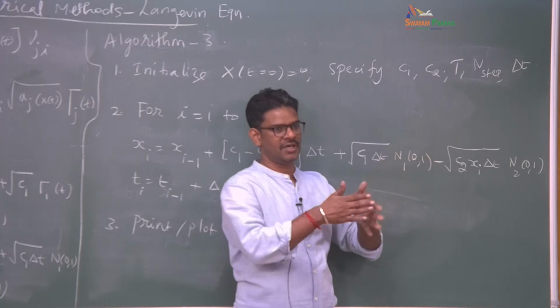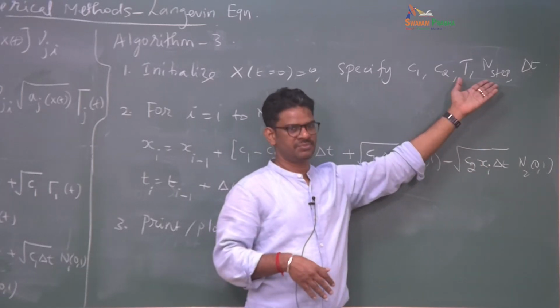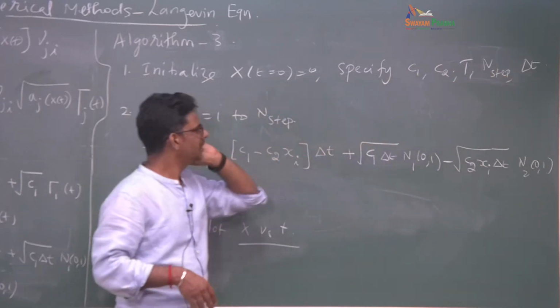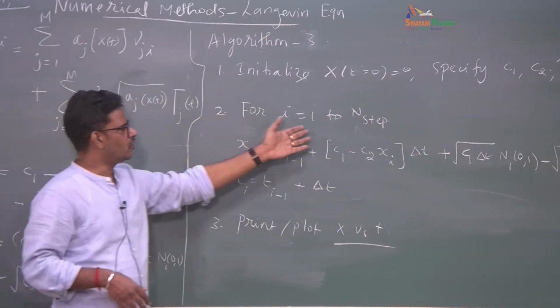Then you can write an algorithm: initialize it, specify the rate constants C1, C2, choose how much time you want to simulate this problem and the number of steps, accordingly delta t is chosen, and then you run a for loop from step 1 to n step.